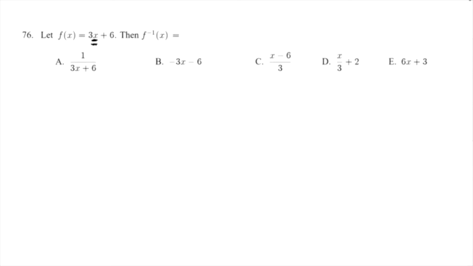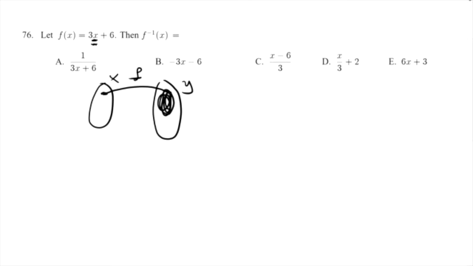Let's isolate this x on one side of the equation, right? Another way to look at it is if we have two functions, and this is where we get all our y's from, and we take all our x's from, and this f maps any x to some y, to some groups of y here.